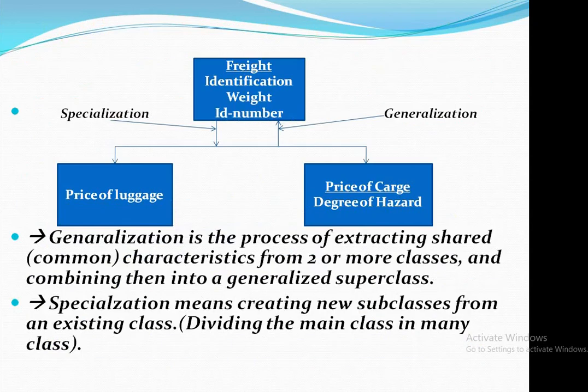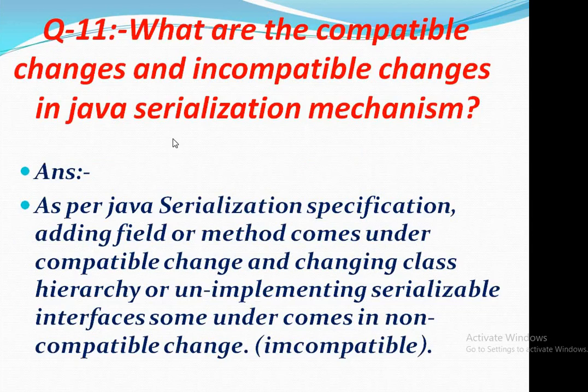As per the Java serialization specification, adding new fields or methods comes under compatible changes. And changing the class hierarchy or not implementing the Serializable interface comes under incompatible changes.